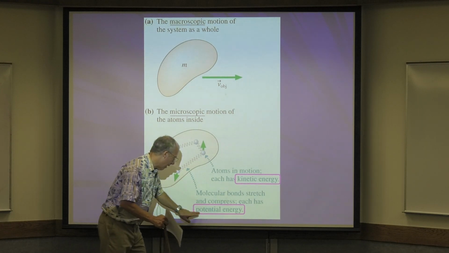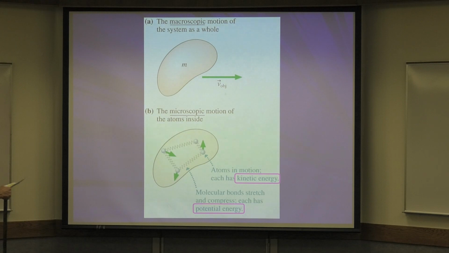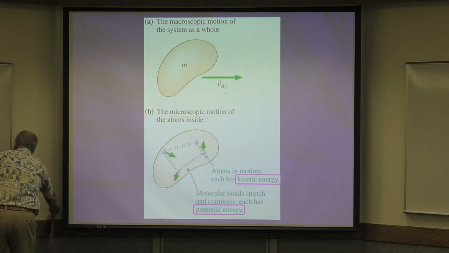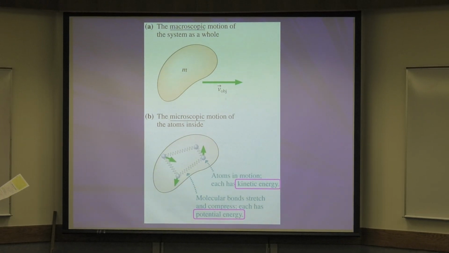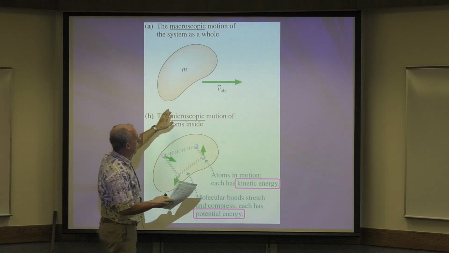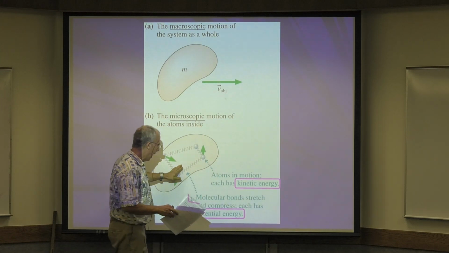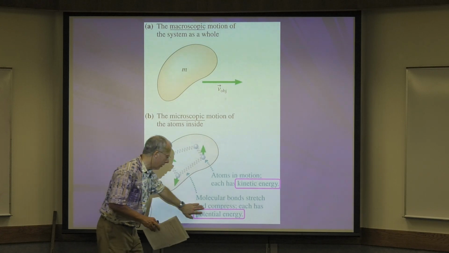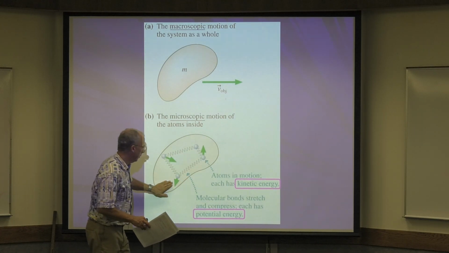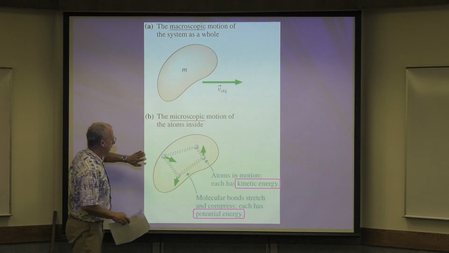So the bonds have elastic potential energy. Great. Basically here, we're just considering the kinetic energy of motion. And here we have the kinetic energy of the individual molecules and the potential energy of the systems, the bonds. So kinetic and potential energy.